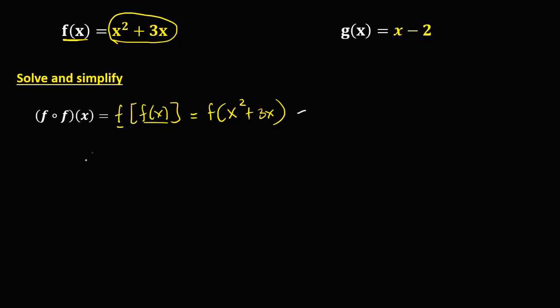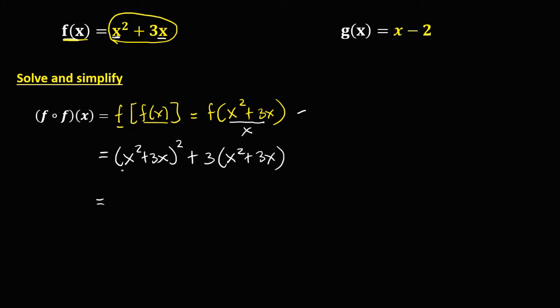To solve this, from f of x, x is equal to x squared plus 3x, so this x squared becomes x squared plus 3x, then to the power 2, then plus 3 times x, and x is equal to x squared plus 3x.